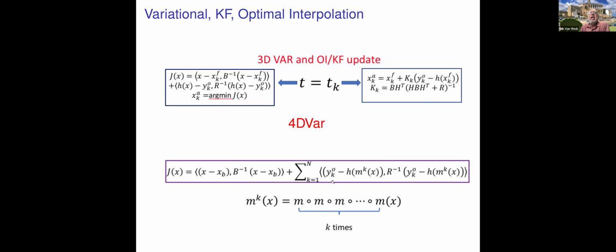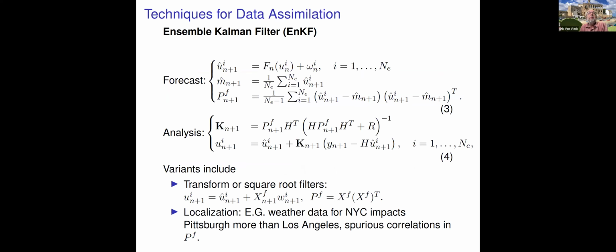Here we see that we have a lot of sources of nonlinearity, not only the potential nonlinearity in the observation operator, but also in the physical model. Here I'm using M instead of F to denote the evolution of the physical model. One way that people have gotten around this nonlinearity is by introducing an ensemble. In the ensemble Kalman filter, there are these N_E ensemble members. These are agents trying to go out and figure out what things look like.